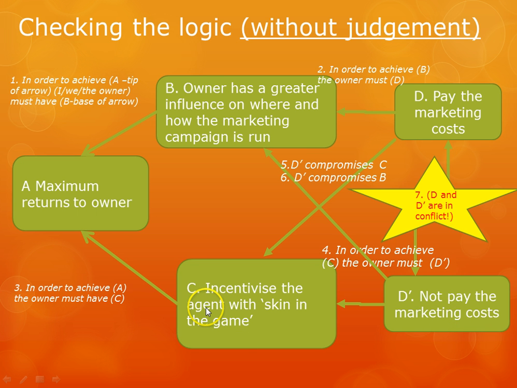And similarly, C has a relationship with D prime and A, but also with D in terms of a compromise. So there are 3 relationships for both of those, and then 2 between these 2, 1, 2, and 1, 2.